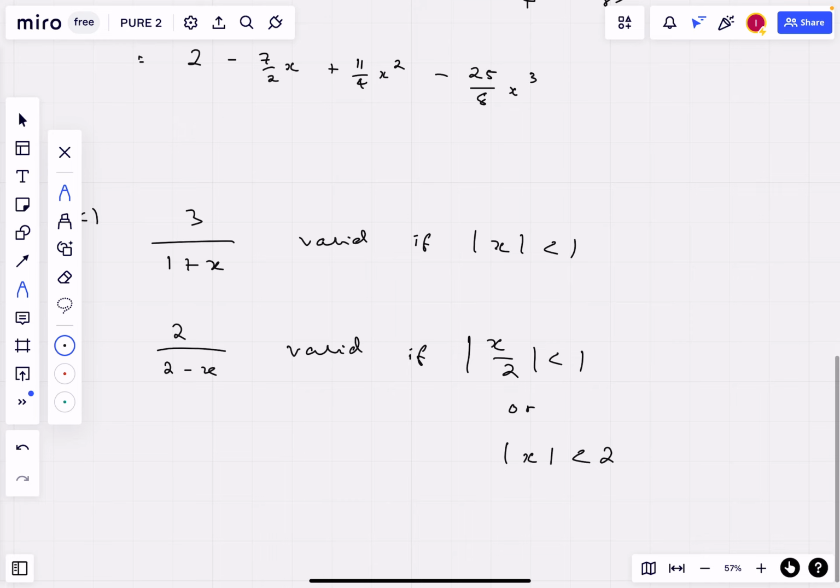You need to find the range that satisfies both of them. The range that satisfies both is the modulus of x is less than 1.